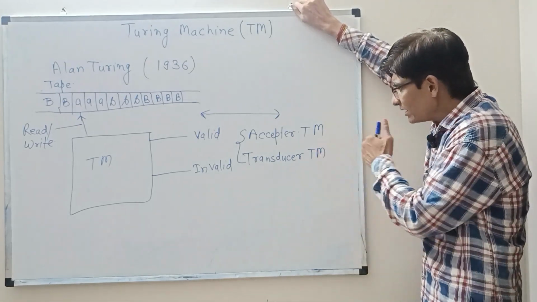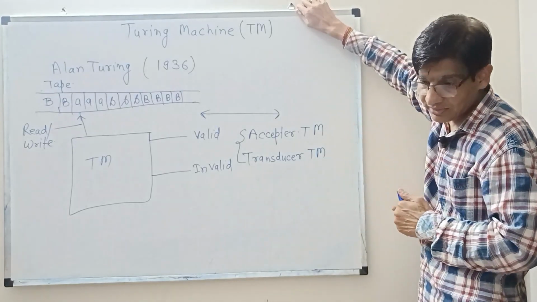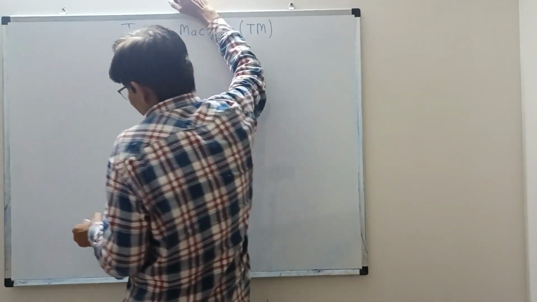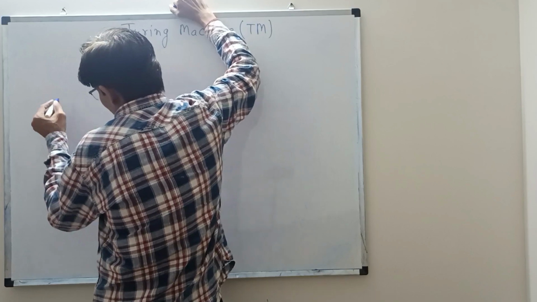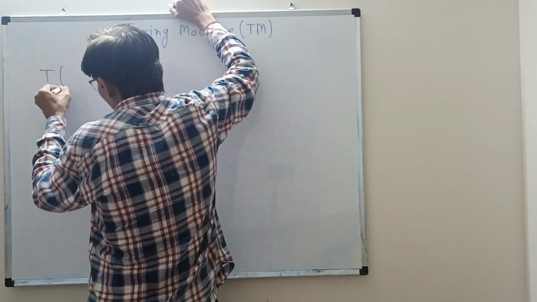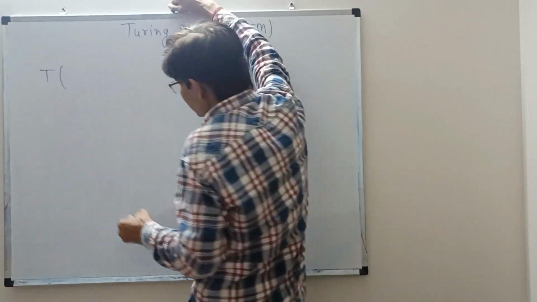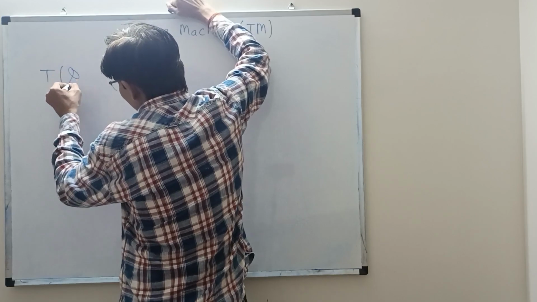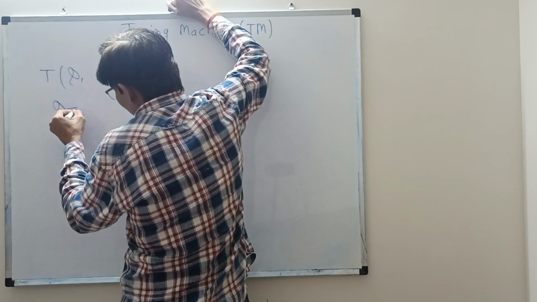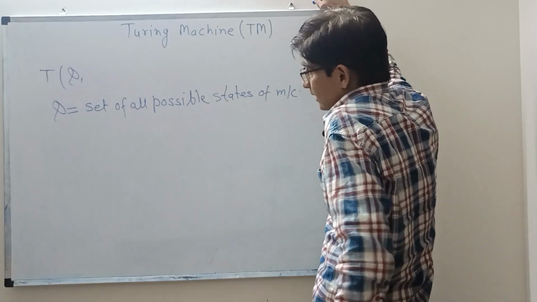Now I will tell you the mathematical definition of the Turing machine, or you can say the formal definition. Like PDA, a Turing machine also has 7 tuples. The first is capital Q, the set of all possible states of the machine.